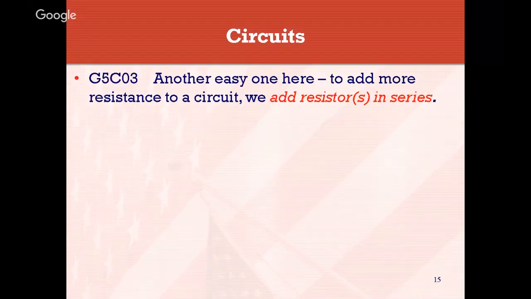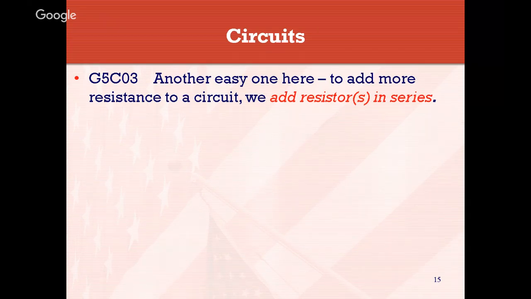G5C03 is asking about the following components, which one should be added to an existing resistor to increase the resistance. Okay. So to add more resistance to a circuit, you simply add a resistor in series. Remember that. We're bouncing around here, I understand that. But we've talked about series resistors, parallel resistors, and now again we're talking about a series configuration in which you add resistors in series to add more resistance to a circuit if necessary.